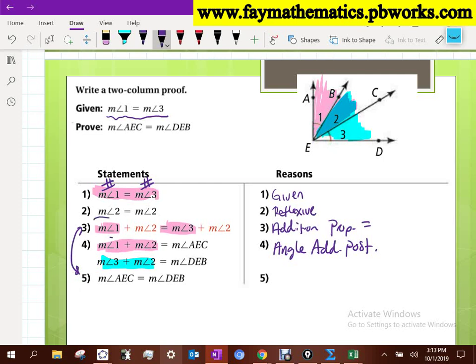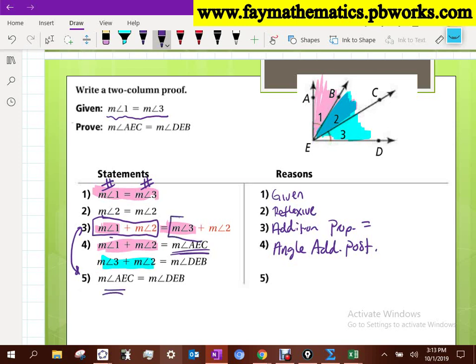Okay? I want to rewrite statement 3, but instead of calling the left-hand side 1 plus 2, in statement 4, what have I said that 1 plus 2 is also equal to? You see here how 1 plus 2 we said is equal to AEC? So can't I take what I've got in this block here and rewrite it as AEC? Does that make sense?